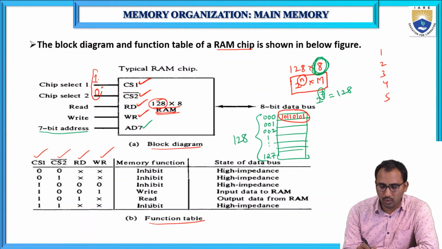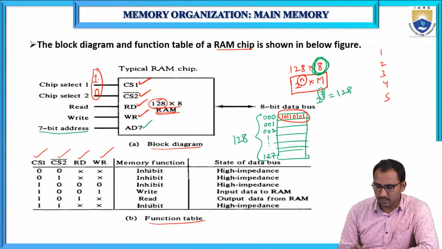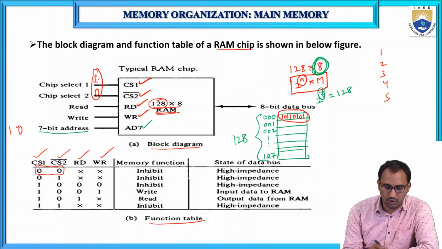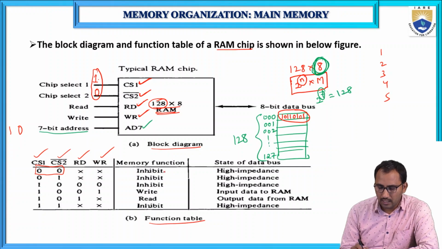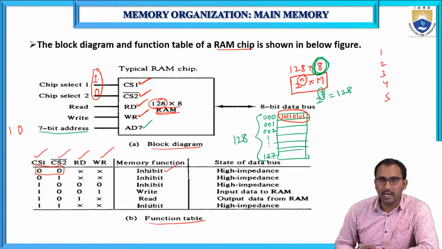Other than these two inputs, the memory chip will be in inhibit mode, that means inactive mode. See here, CS1 is 0, CS2 bar is 0. What should the condition be to activate the RAM chip? 1 0, but here it is 0 0. So whatever inputs you apply to read or write, the memory will perform the inhibit operation.